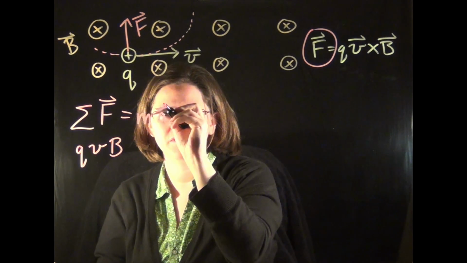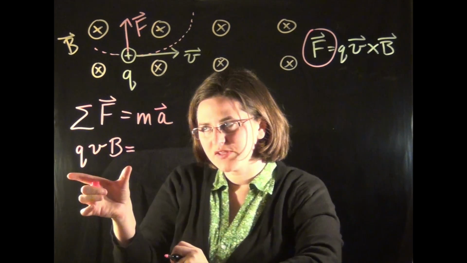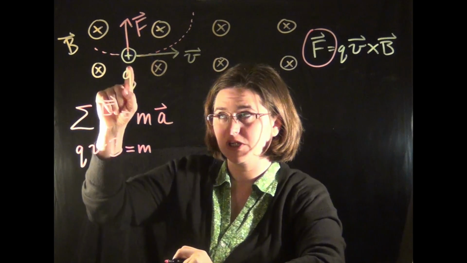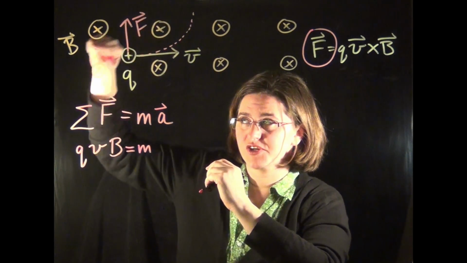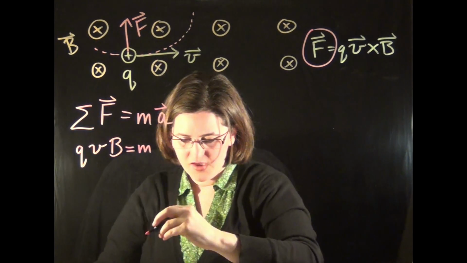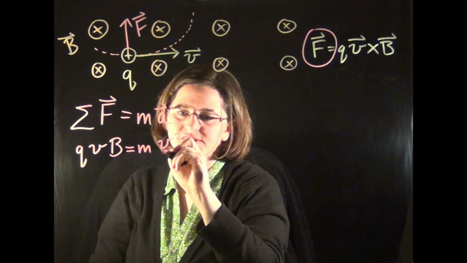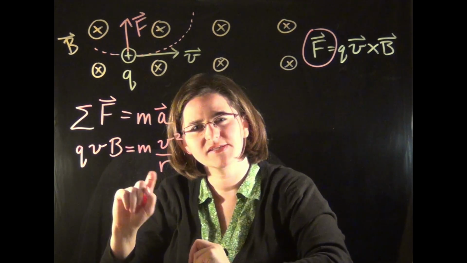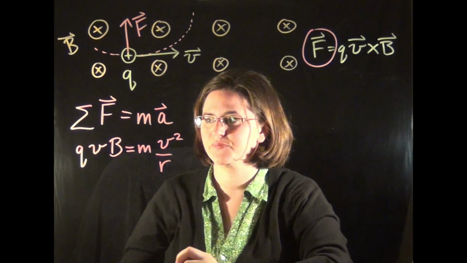This is equal to the mass of the particle times the acceleration. If it's moving in a circle, which it is, then our acceleration is v squared over the radius of that circle, because this is centripetal acceleration. You might remember that from our chapter on circular motion.